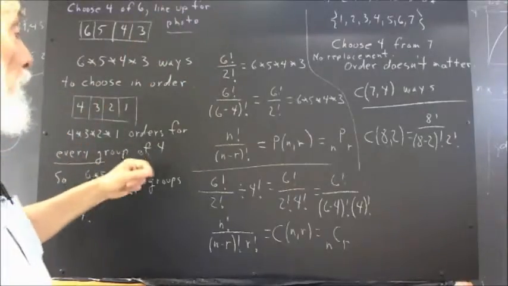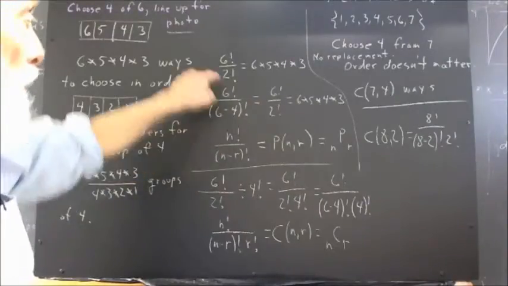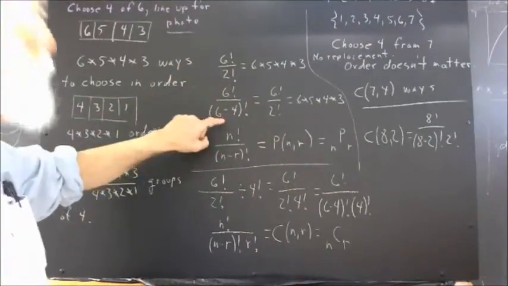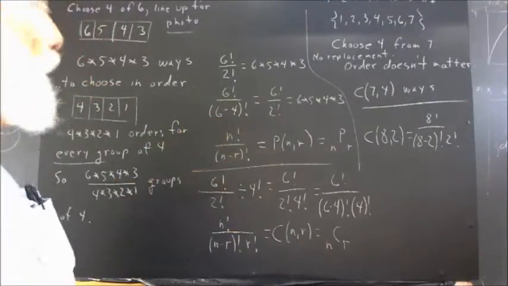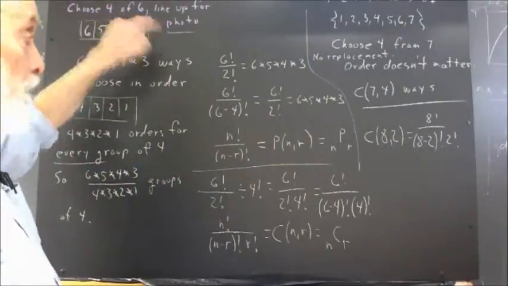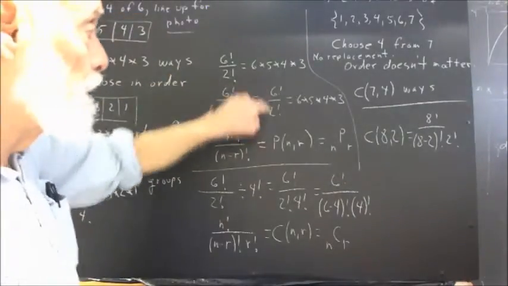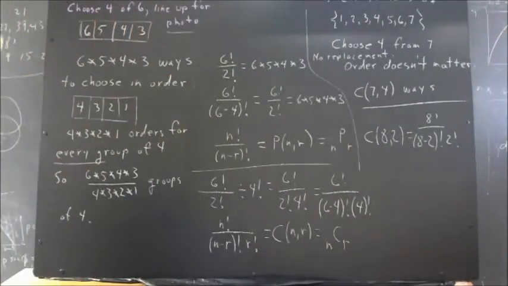How many numbers on the end? Well, it's going to be 6 minus 4. That's how we get the 2. Okay, so we do (6 minus 4) factorial. That gives us the 2 factorial. Now we have a formula in terms of the numbers 4 and 6 that tells us how to calculate the number of possible ways to accomplish this task.